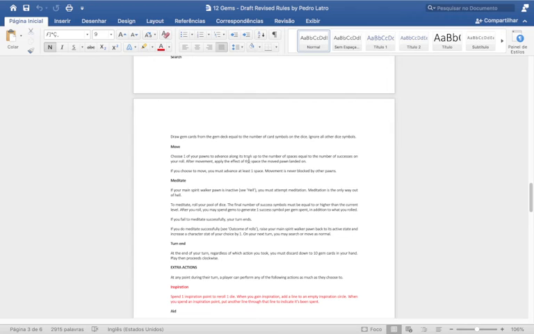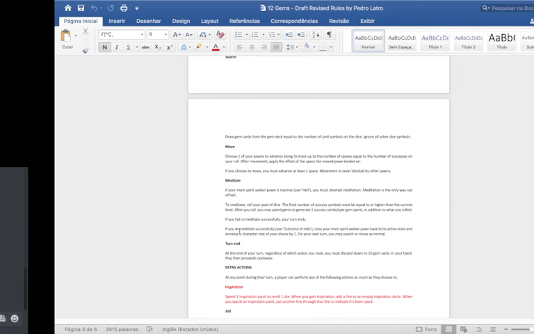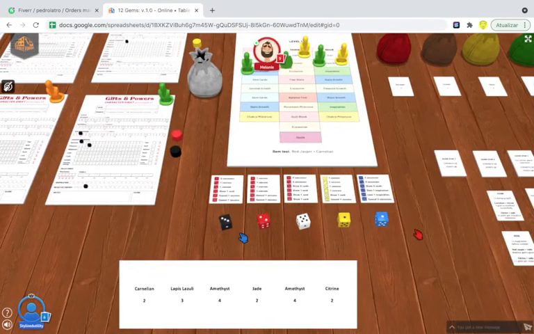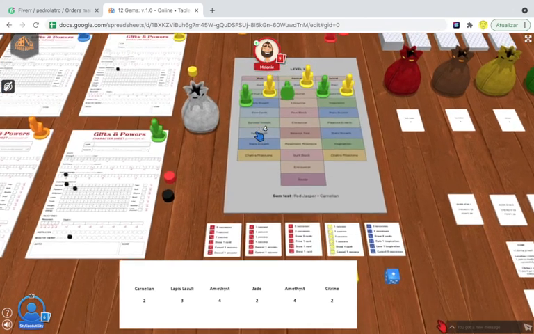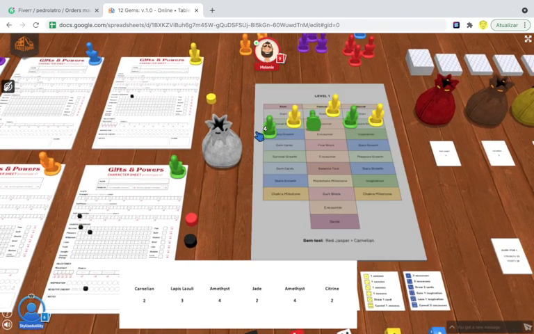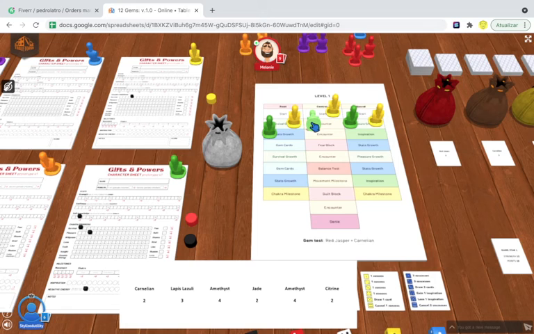Well, sounds easy. Oh, and if I meditate successfully, I increase a character stat of my choice by one. Well, this sounds good actually. See, that even makes it seem better for me. I'm like, well, wait a minute, he's got all that going on.